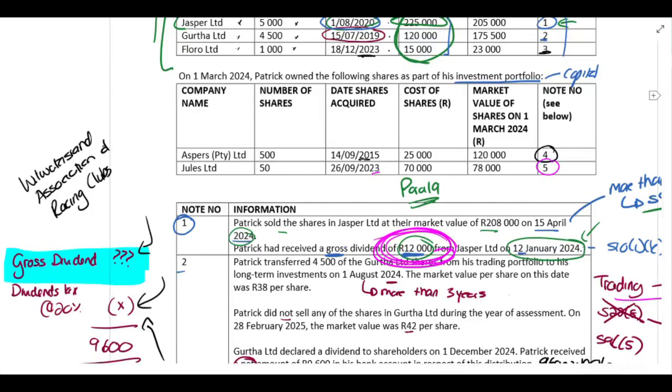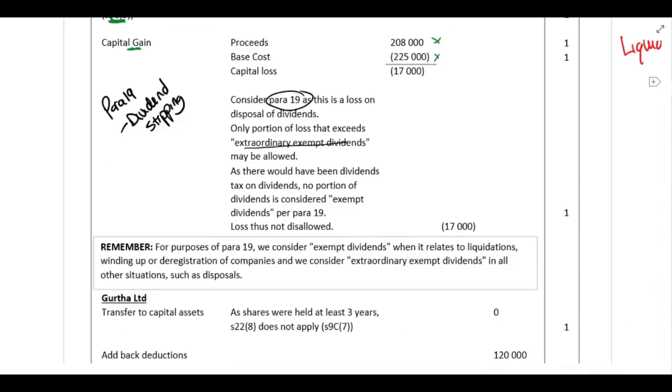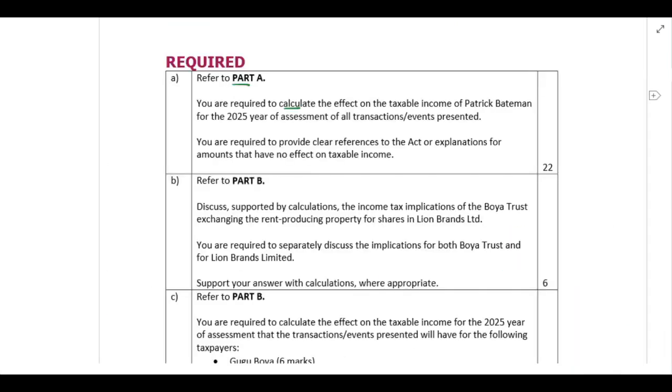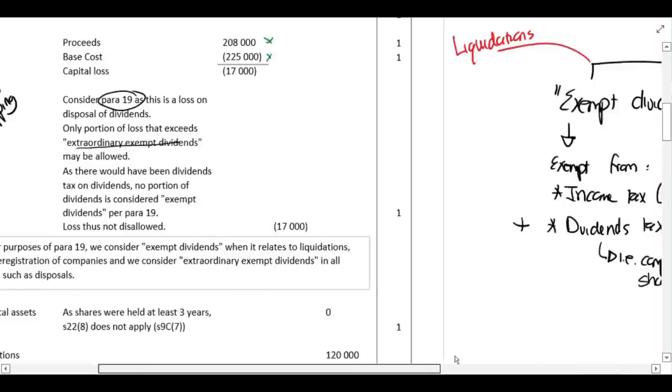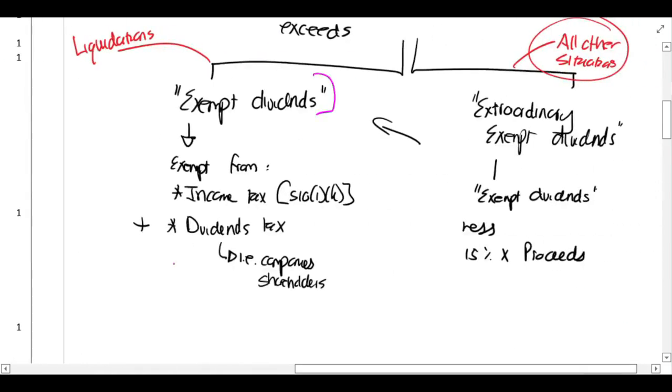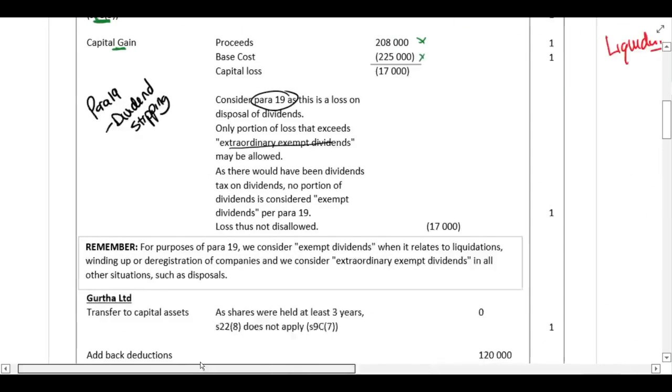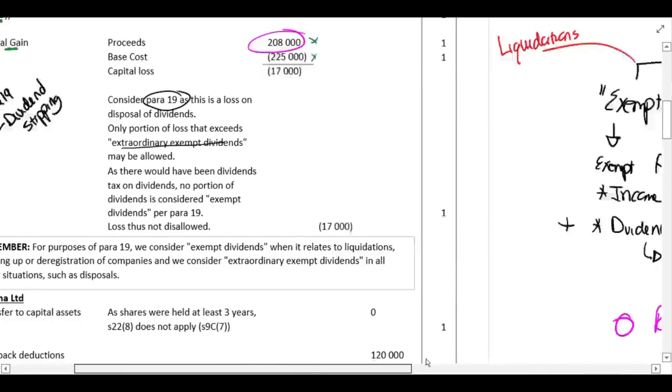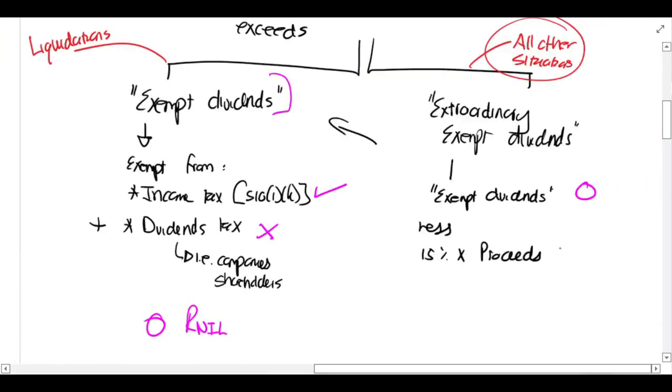How much of that 12,000 would have been exempt? And when I'm talking about exempt, I mean in terms of paragraph 19. Null would have been exempt. Null rands. Because it was exempt under section 10(1)(k), but it was not exempt under dividends tax. It would have been dividends tax. So that means the extraordinary exempt dividends is null less 15% of the proceeds, and it can't be a negative amount. So it's just null.